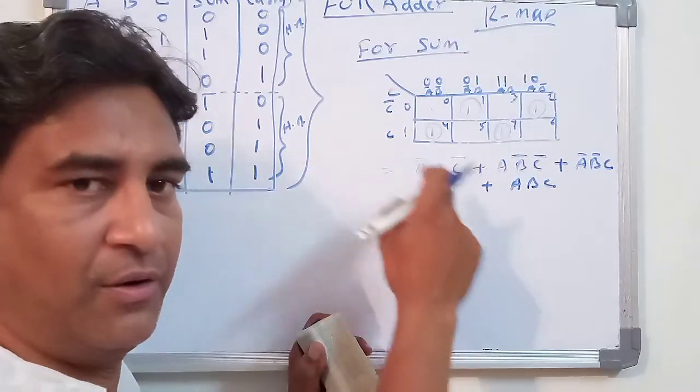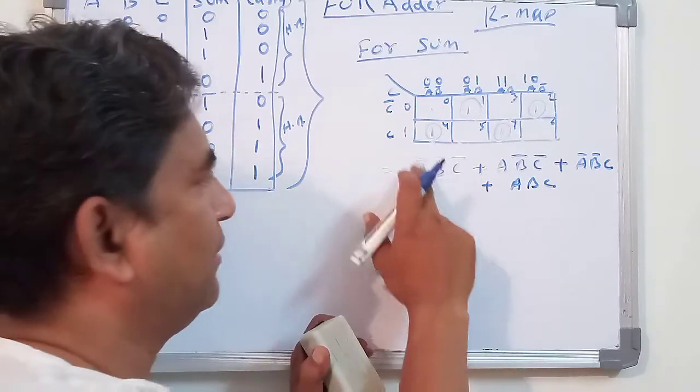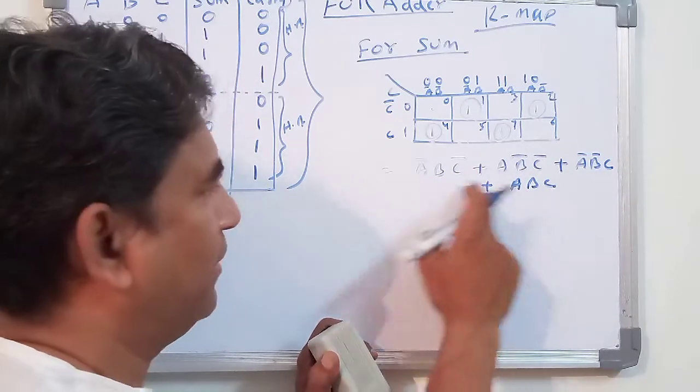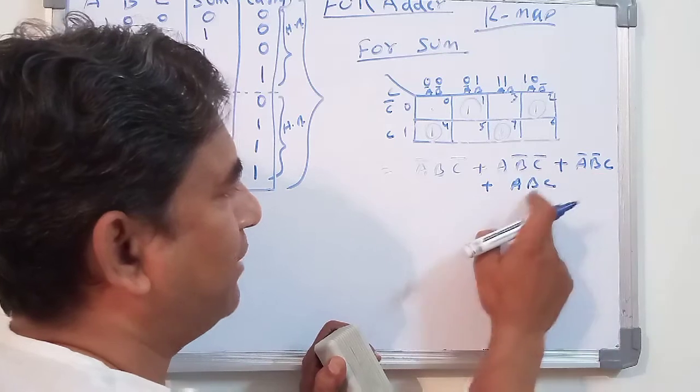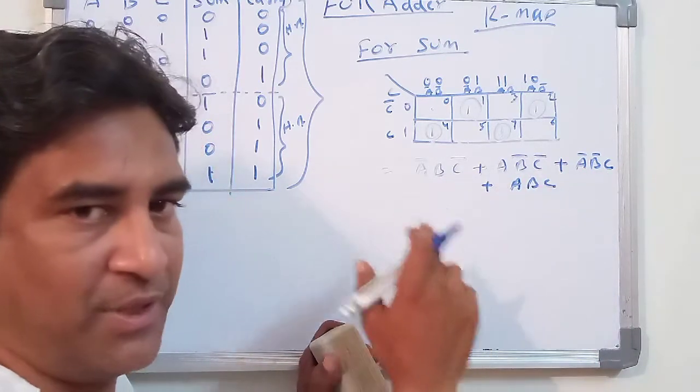You have got the logical equation. As the A bar and the A, here B, B bar and the B, C bar, C and the C is present.